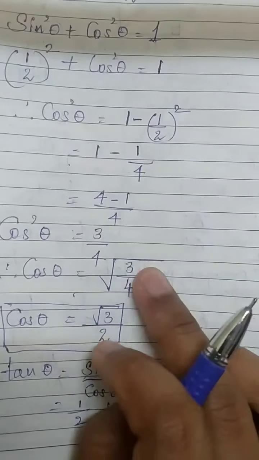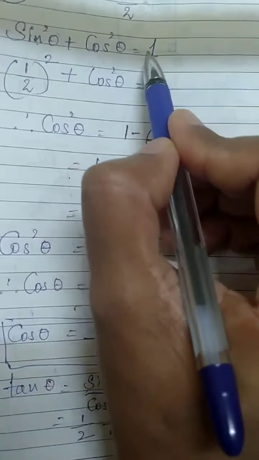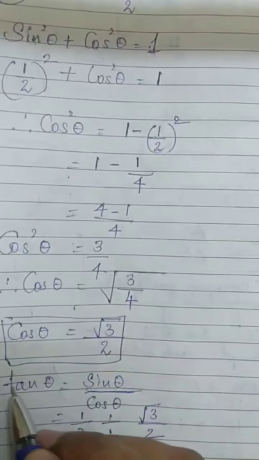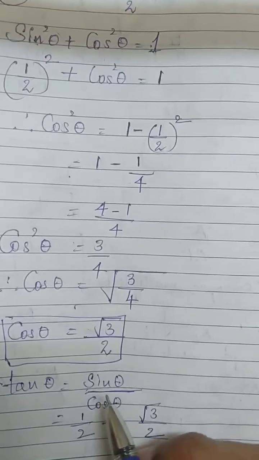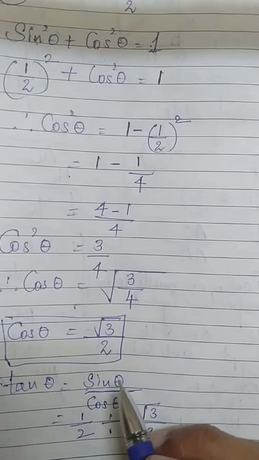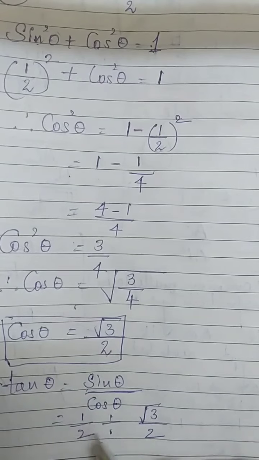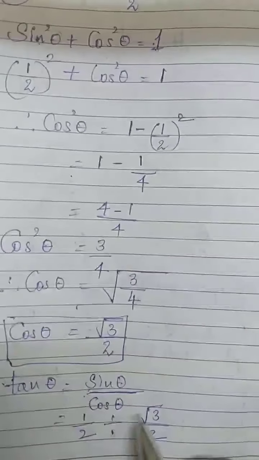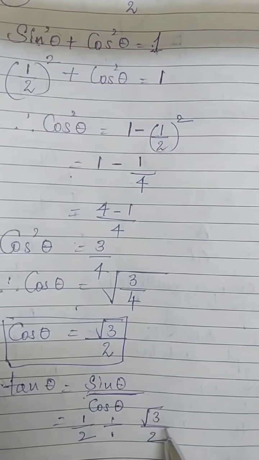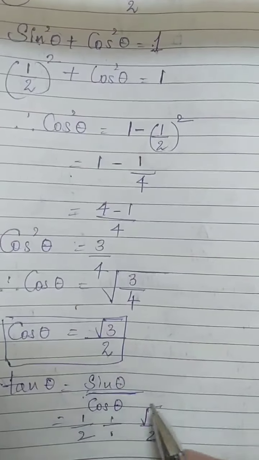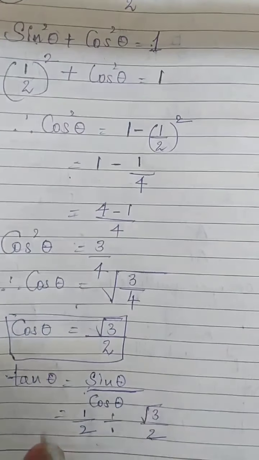So to do by this method you have to remember two formulas: sin square theta plus cos square theta is equal to 1, and tan theta is equal to sin theta upon cos theta. Sin theta's value I put 1 upon 2, the division sign, and cos theta's value is root 3 upon 2. Now solve this part.